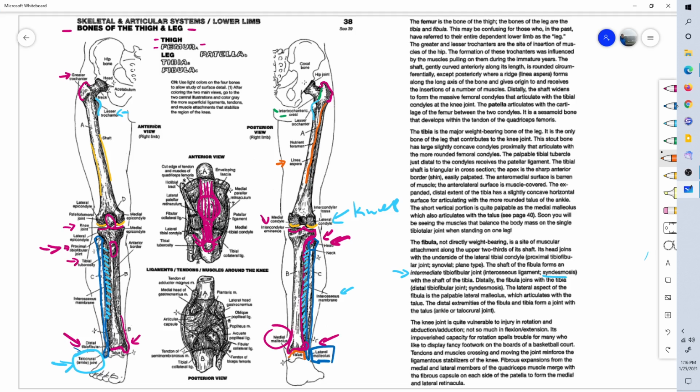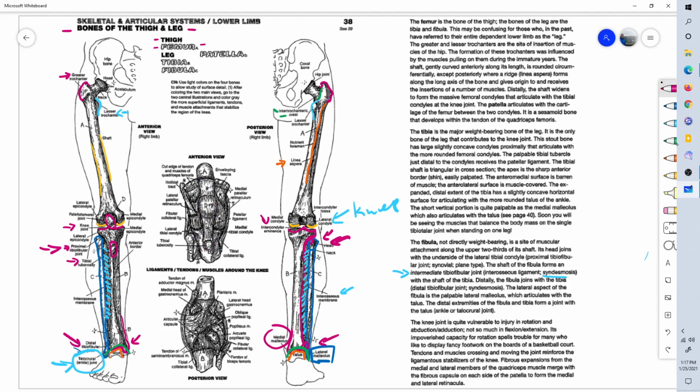Right here, it's kind of dome-shaped, and it articulates with the tibia and the fibula right there. You see how the tibia and the fibula together form a sort of dome-shaped joint with the dome-shaped talus of the ankle. And here it is over here. The talocrural joint, also known, of course, as the ankle joint.